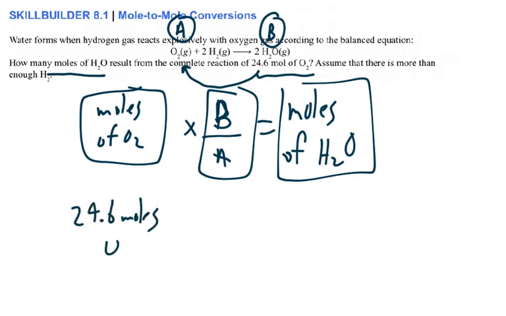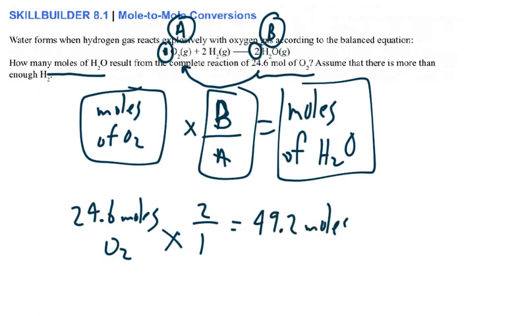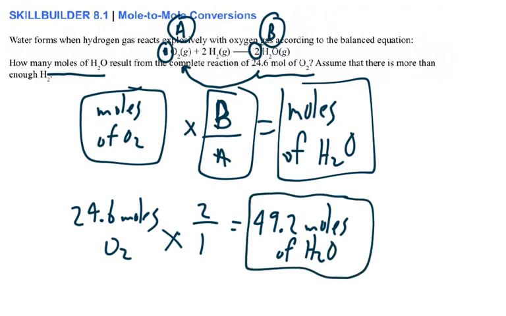The given is oxygen. The mole ratio is the coefficients from the balanced equation. Here is B, and there's a 1 here. That's A. So the mole ratio is 2 over 1. When you do the math here, you end up getting 49.2 moles of the unknown, which is water, and that is already rounded to 3 significant figures.